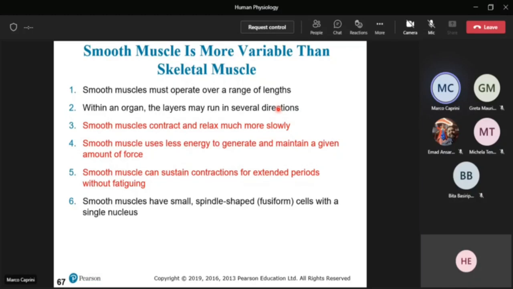Can it support the circular ones? To support in which way? To guarantee the movement. But if I move, this is the longitudinal muscle, no? And this is the circular. Yeah. But the longitudinal muscle has one important role.